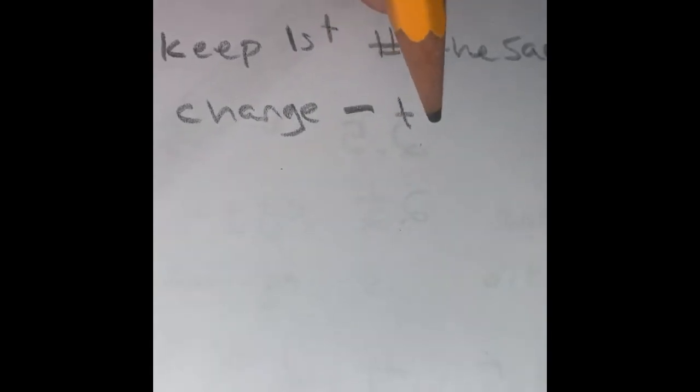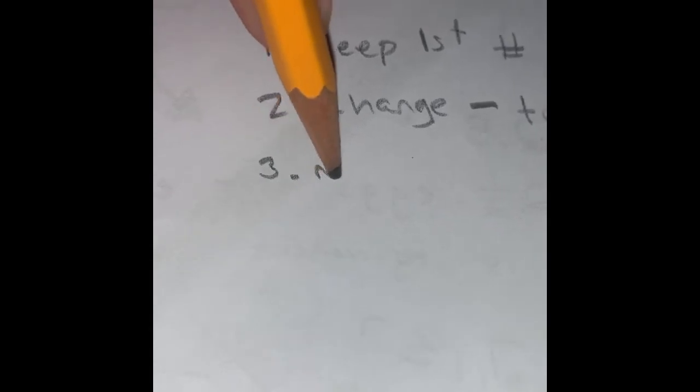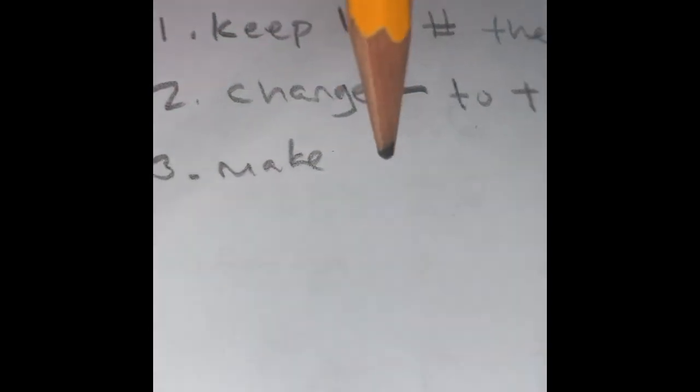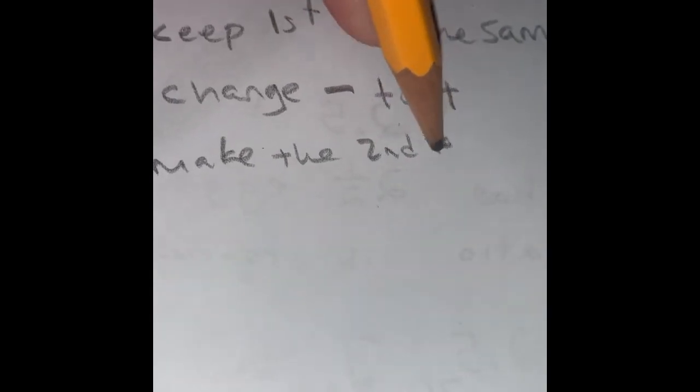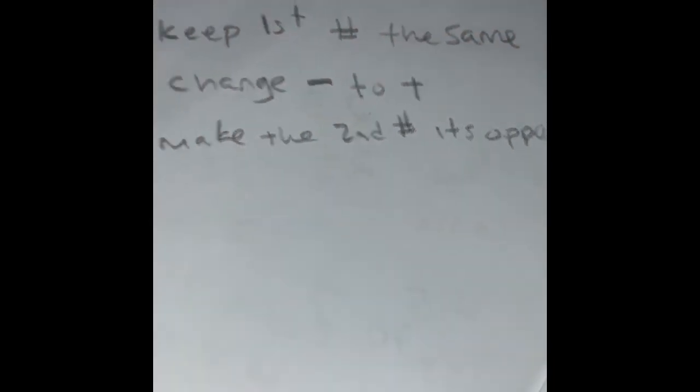Step 2 is change the subtraction sign to an addition sign. And step 3 is make the second number its opposite.